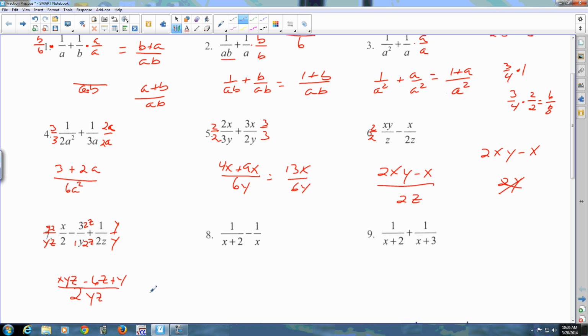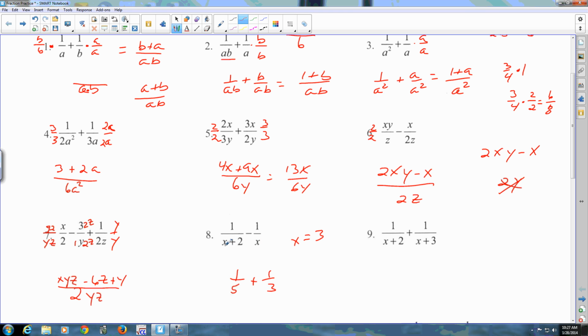Nothing canceling. Alright, now, when you're adding and subtracting, that opens up a different can of worms here. Let's say x was 3. Fill it in. So you'd have 1 over 5 plus 1 over 3. Do you see how these are uniquely different? There's nothing in common with those.